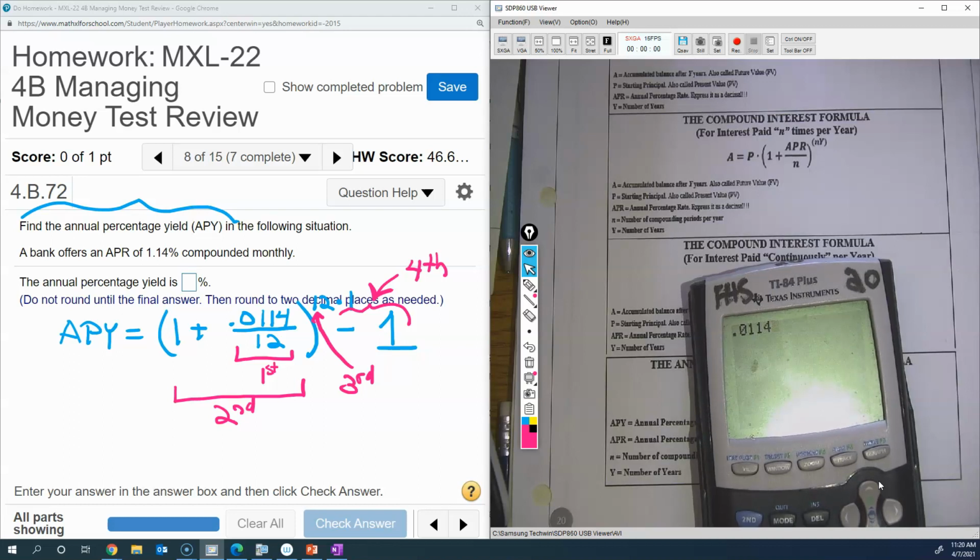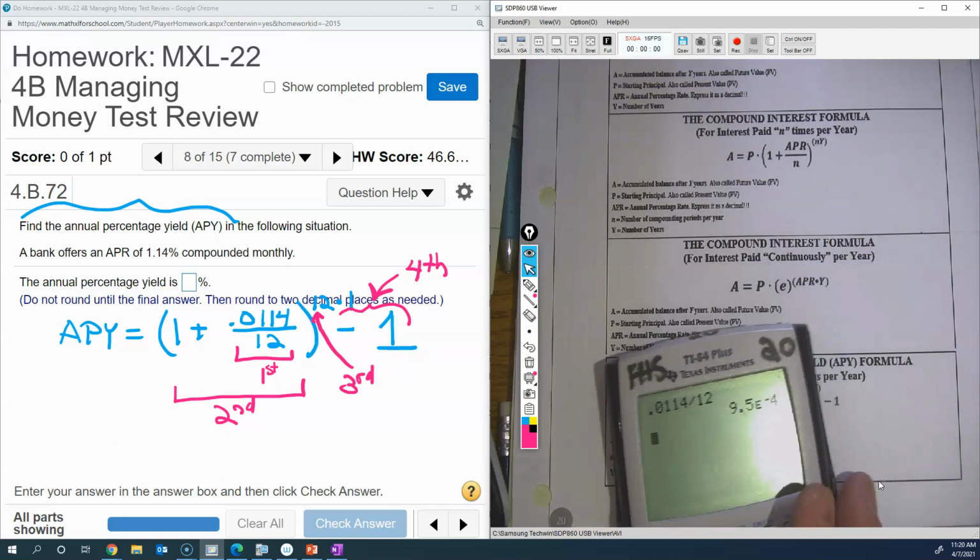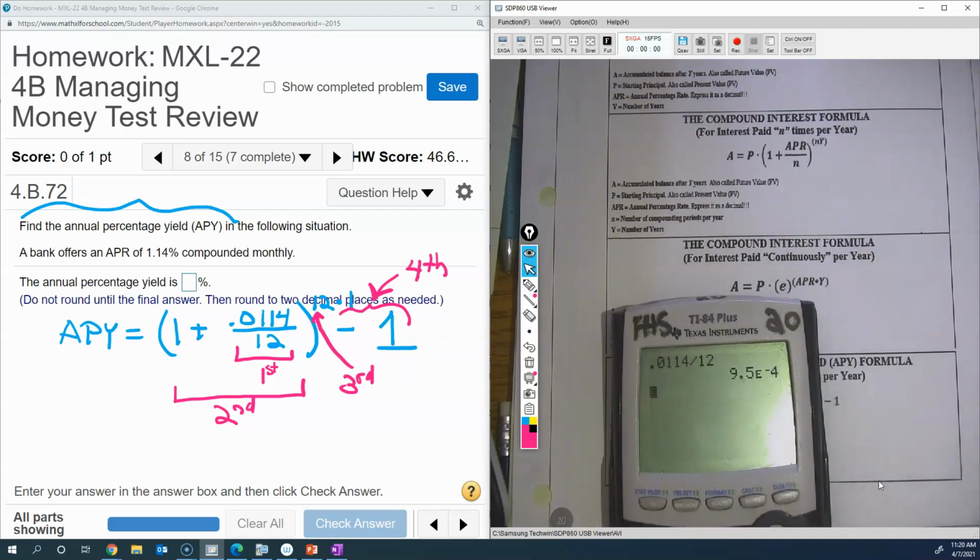Let me just show you how to read it on your calculator. Divide by 12. Okay, now this isn't the final answer, but let's say that it was. This is what you might have been asking about. What does the E mean? I don't know if this was the E that you're talking about.